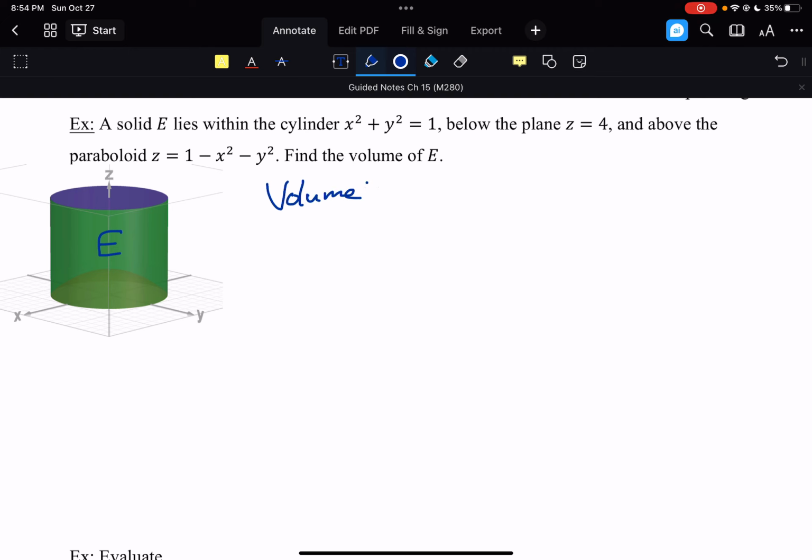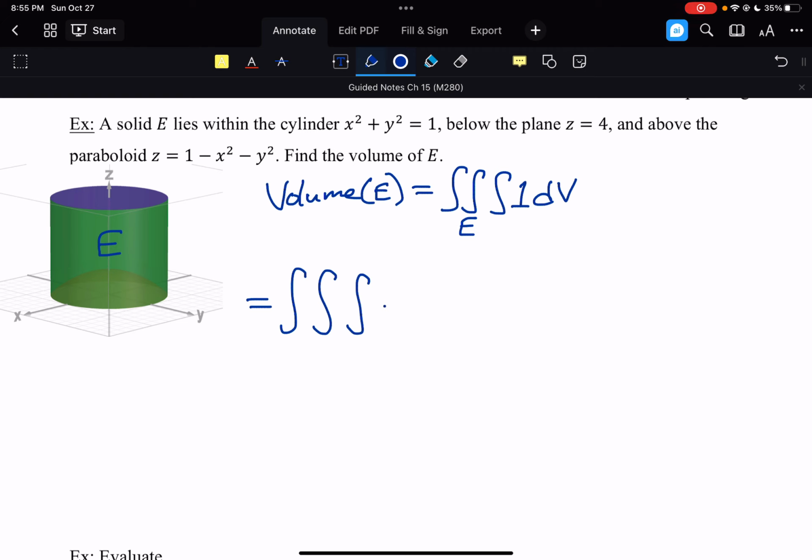So the volume of E is going to be the triple integral over E of 1 dV. Recall, finding the volume of something using triple integrals just involves taking the triple integral of 1. So if we set up our region, we know we're going to convert this into cylindrical.